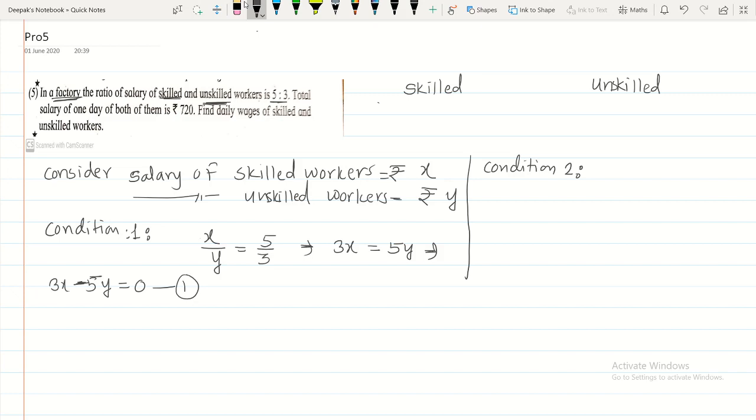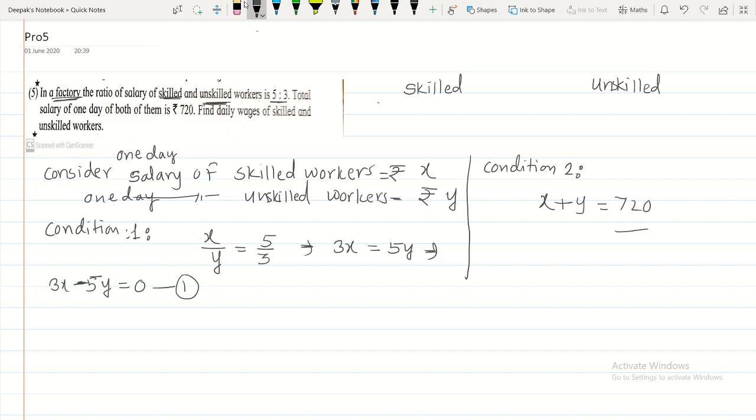So let me consider the daily salary: one day salary of a skilled worker is X and one day salary of an unskilled person is Y. Total salary means the addition of both, and that is equal to rupees 720.